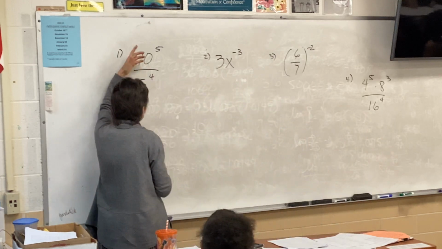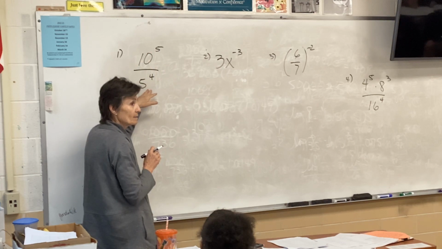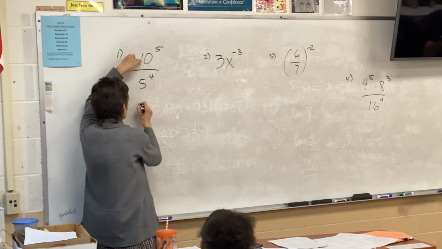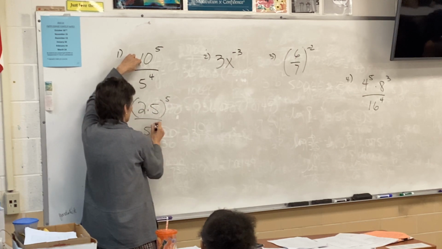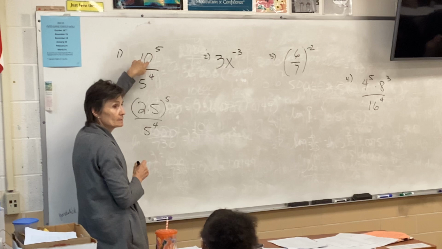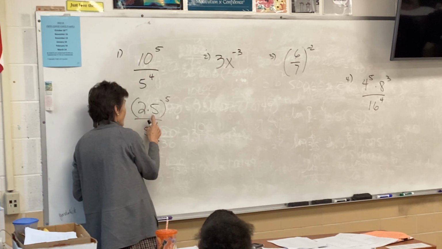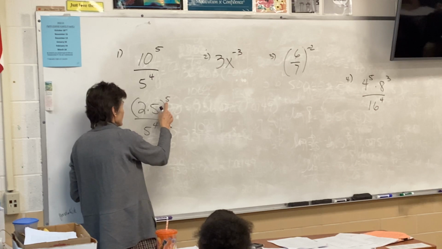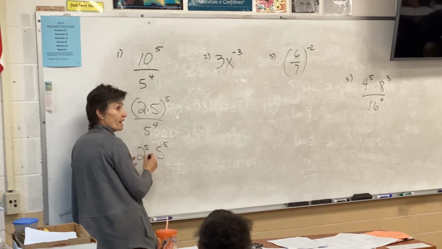However, there's something kind of special about 10 in terms of 5. Isn't 10 2 times 5? Would you agree with that? All right, now, when I have 2 times 5 to the 5th, that means 2 to the 5th and 5 to the 5th. 2 to the 5th times 5 to the 5th.